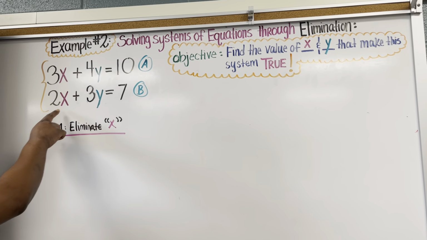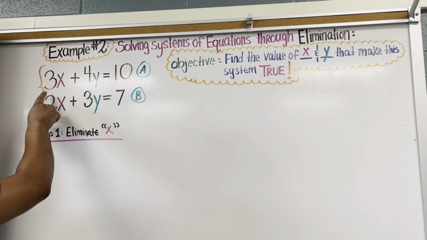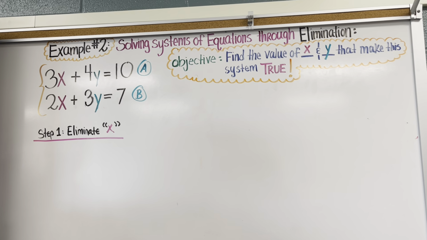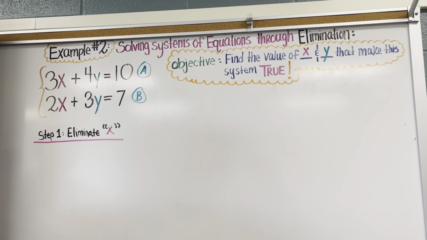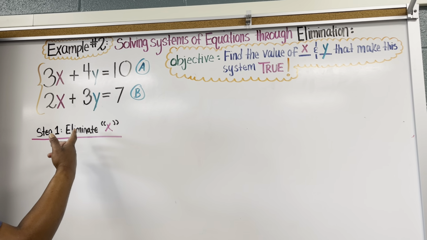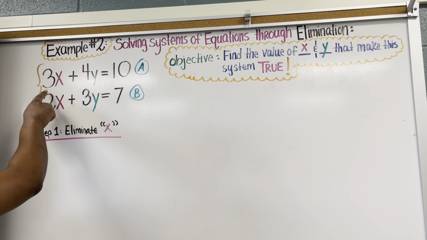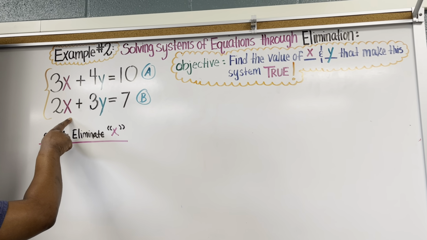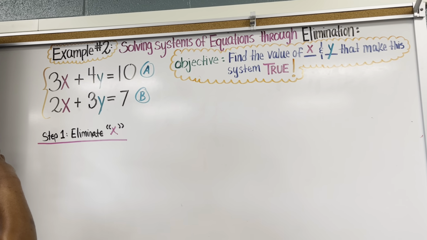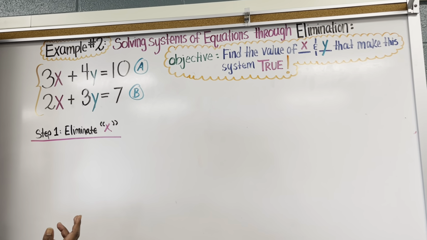So, if we're eliminating x, right, then the coefficients that are attached to the x's have to be opposite or inverses, right? For example, the inverse of 3 is -3, or the inverse of 2 is -2, right? So I'm looking at both of these equations, and I see that it's 3x and I see that it's 2x, right? A common multiple between 2 and 3 is 6, right?